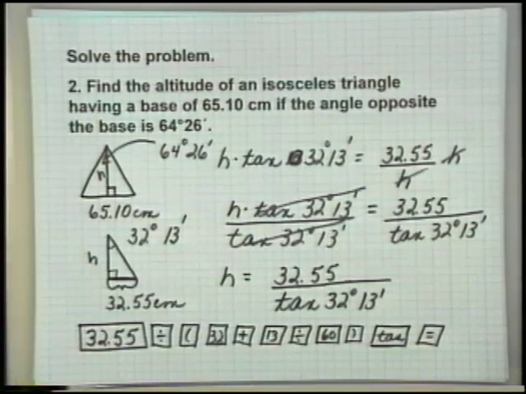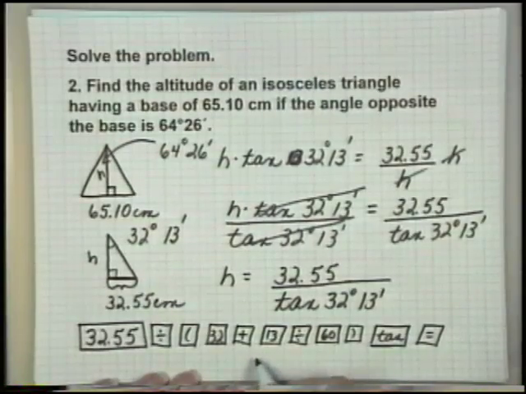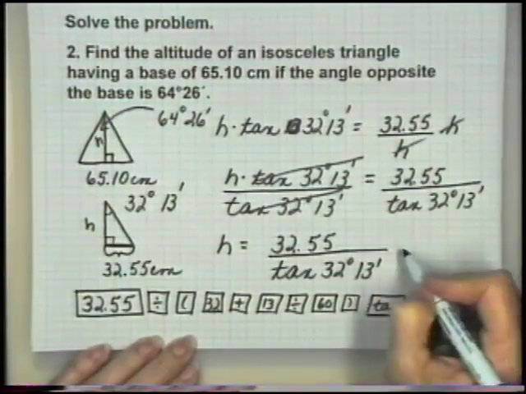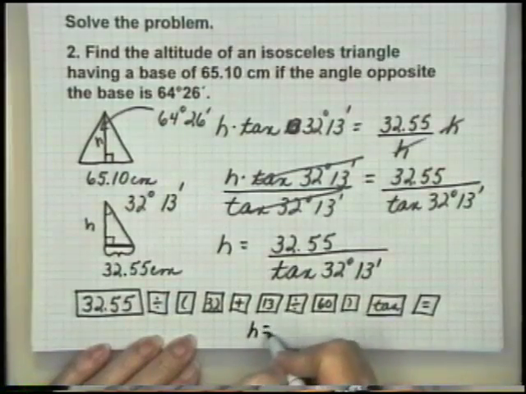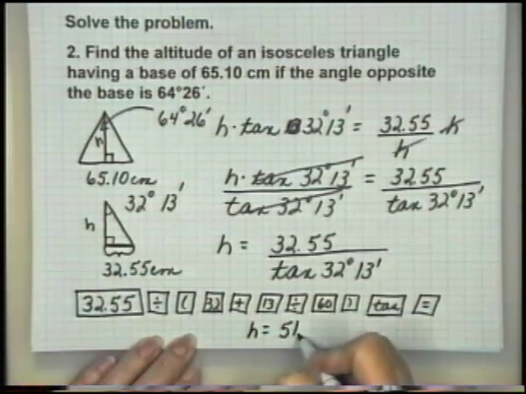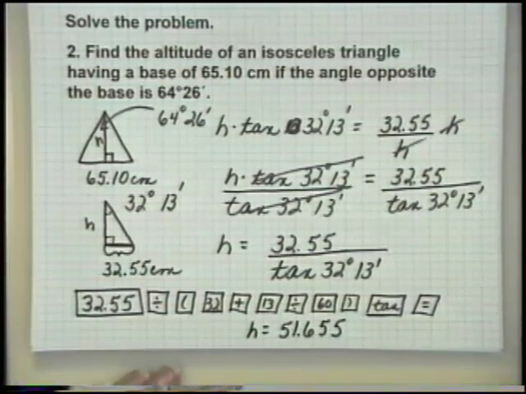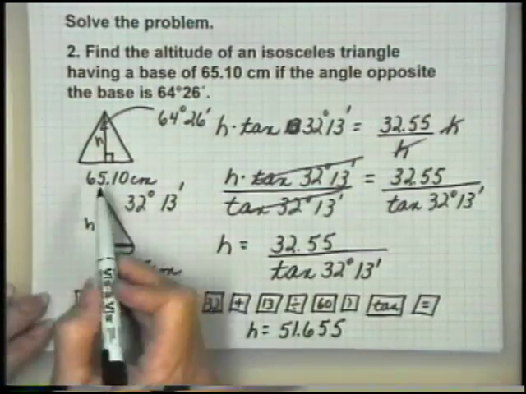What I get in my calculator is 51.655 something. So let's see. I don't really need all those digits, so I don't think I'll write them. What do I need to round to, and what tells me what I need to round to?